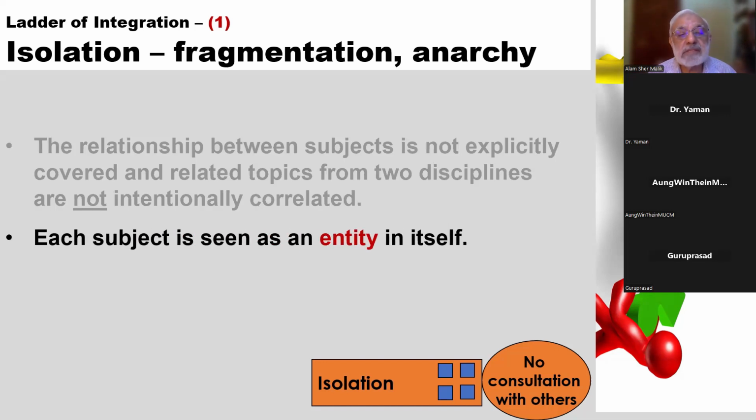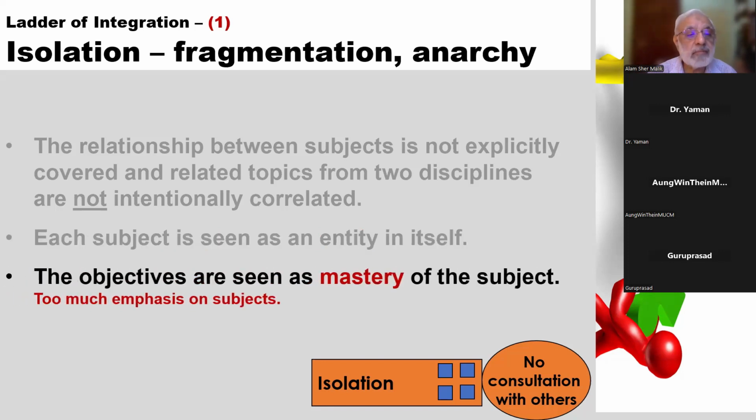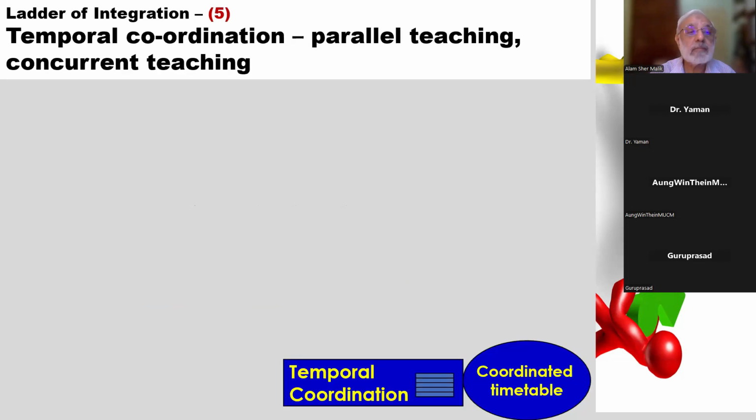And each subject is seen as an entity itself, and the objectives are seen as mastery of the subject. Like anatomists want to make students anatomists, and a pediatrician wants to make the students pediatricians. So every discipline tries to make the students really masters in their own subject, and not what is really the aim of the course itself.